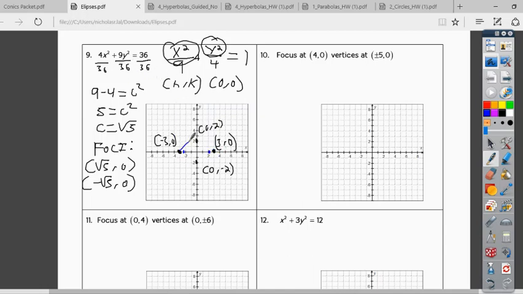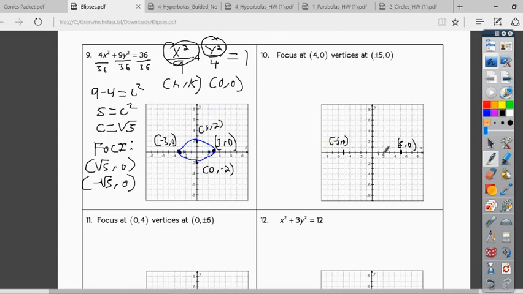Let's draw the ellipse. Alright. Focus at 4, 0, vertices at plus or minus 5, 0. Okay? So vertices at 5, 0 and negative 5, 0.